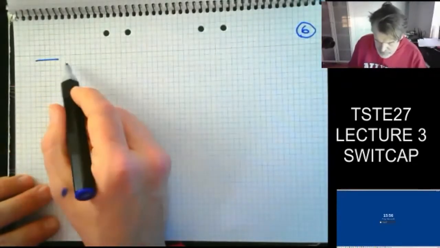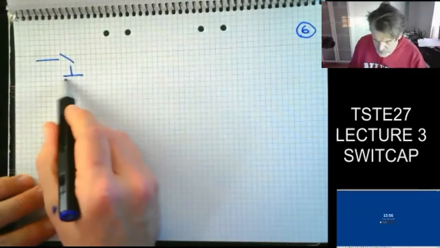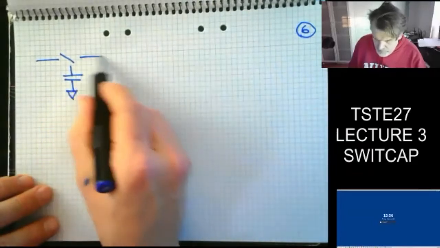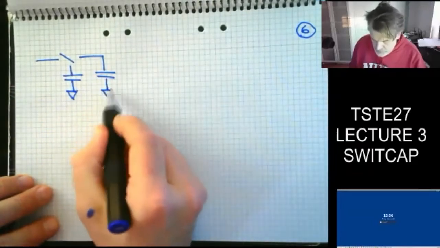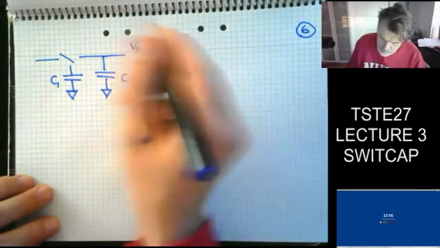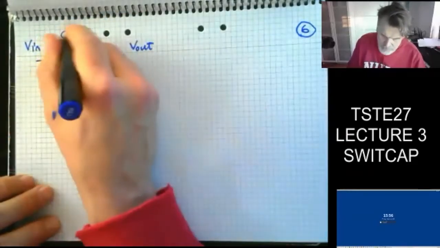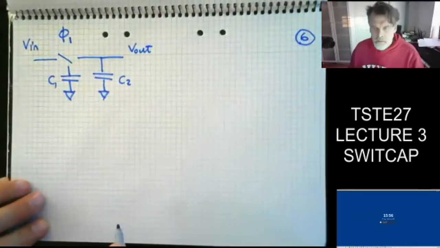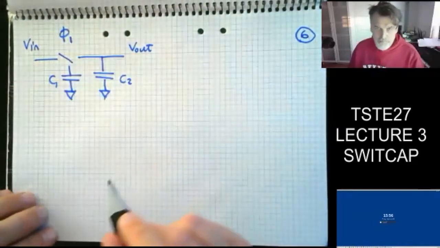So I have a system which I can construct in this way. I have my C1 and C2 like this, V out and V in during my phase phi1 and time period whatever.